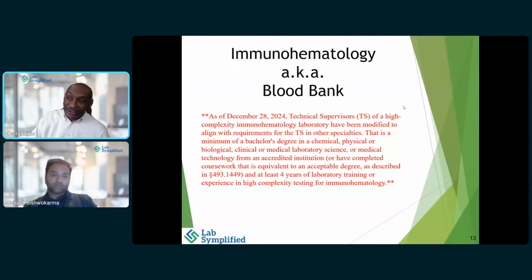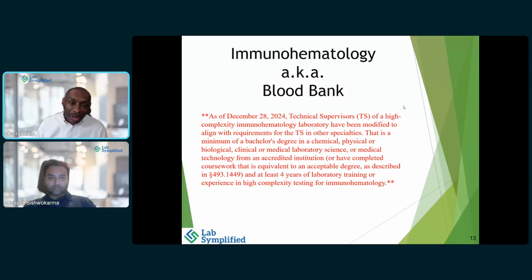If you have the pathologist who is also going to fill in the role of the technical supervisor, that means the administration of the proficiency testing program and all the other things that a technical supervisor has to go through his or her office. That's more work for them, in addition to the other duties in maintaining the clinical laboratory.